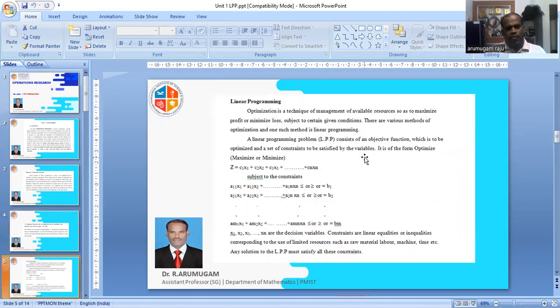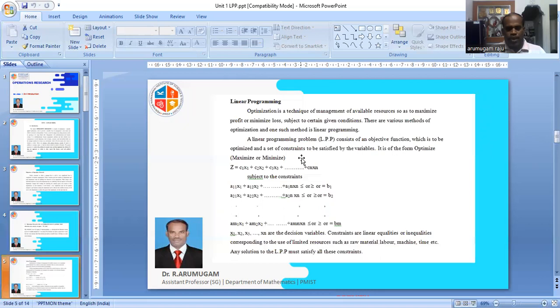So this is the general form of the LPP, linear programming problem. First we should know the basic things, that means the general form of the LPP. In the general form of the LPP, the first one is the objective function. The objective function should be optimum.